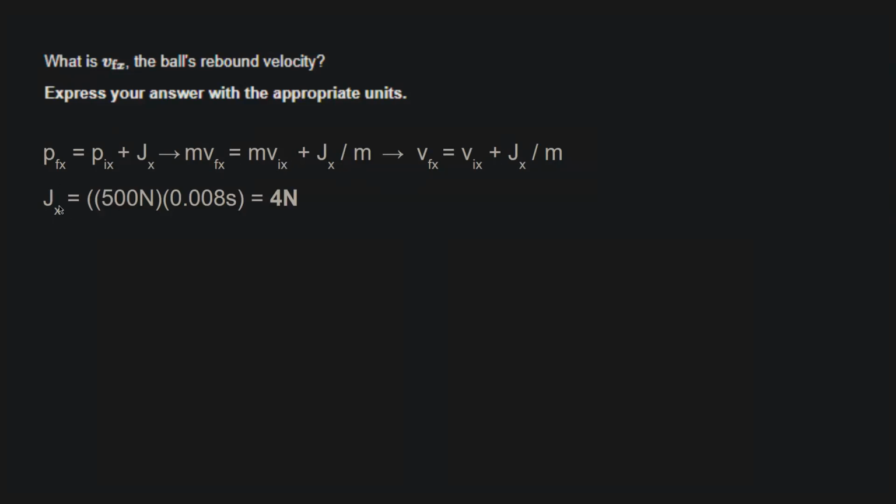And then after that, you want to really find the impulse, which would just be the 500 newtons a second over the 8 milliseconds of time, which would give you 4 newtons.